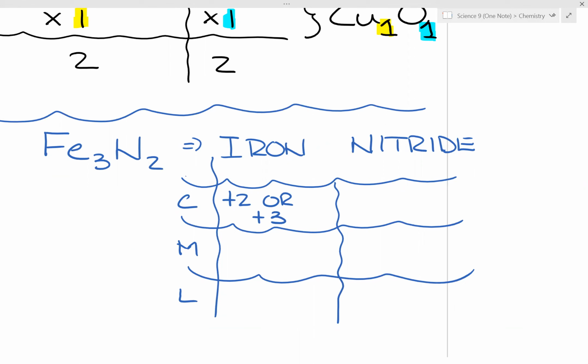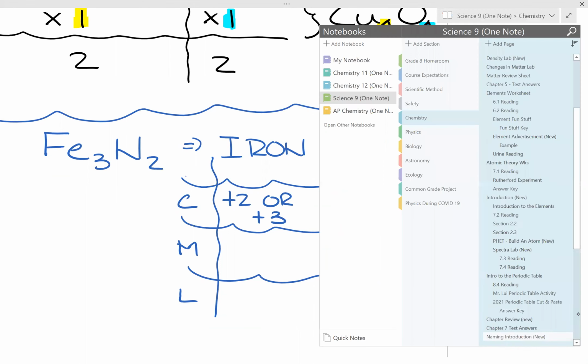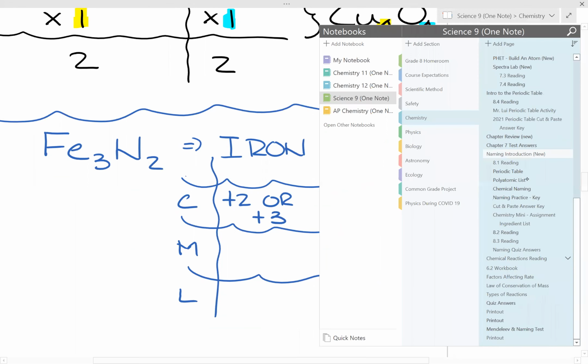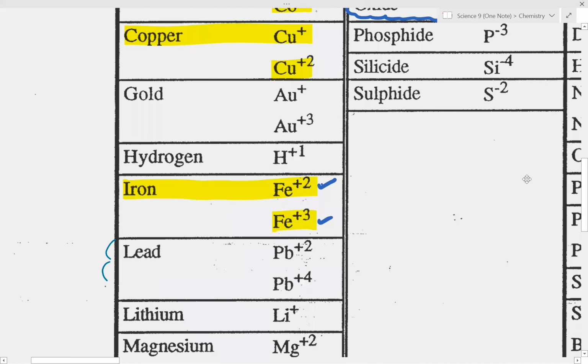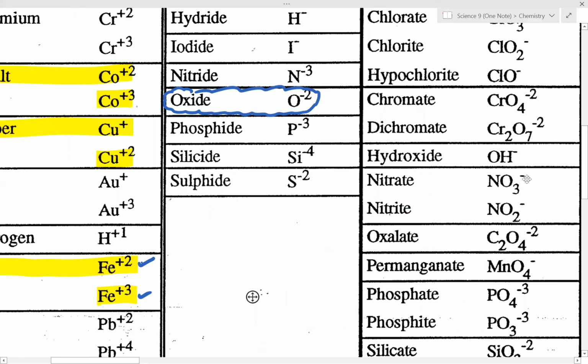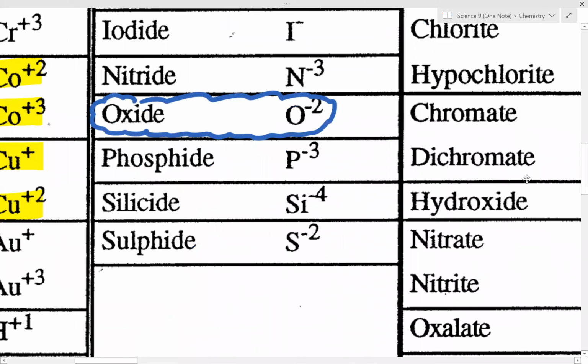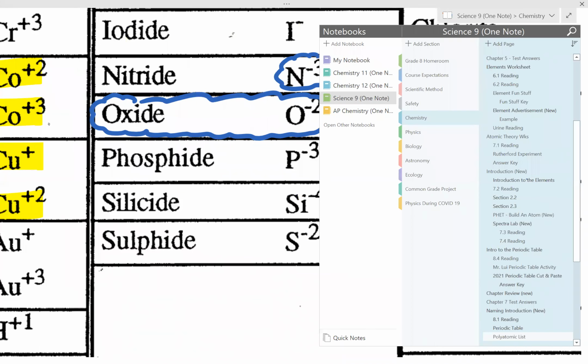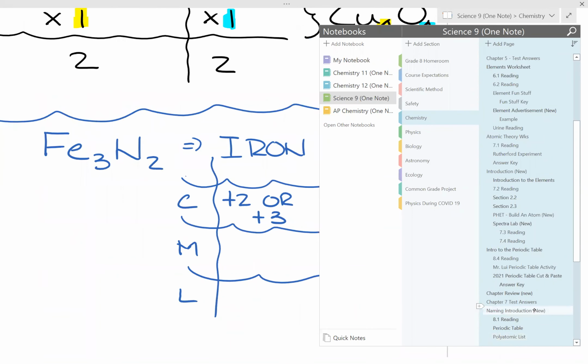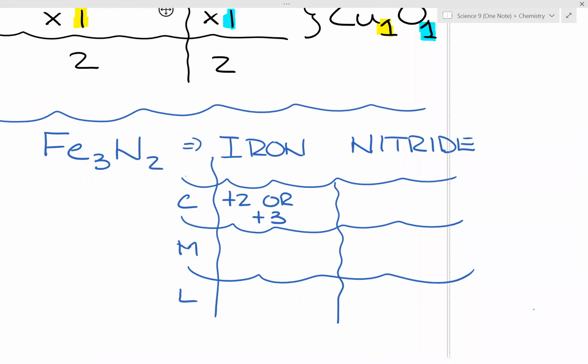But let's look under nitride. In this case, for nitride, if we look here, it only has one charge. It has a -3. Okay, sounds good. So you go back here. So nitride is -3.